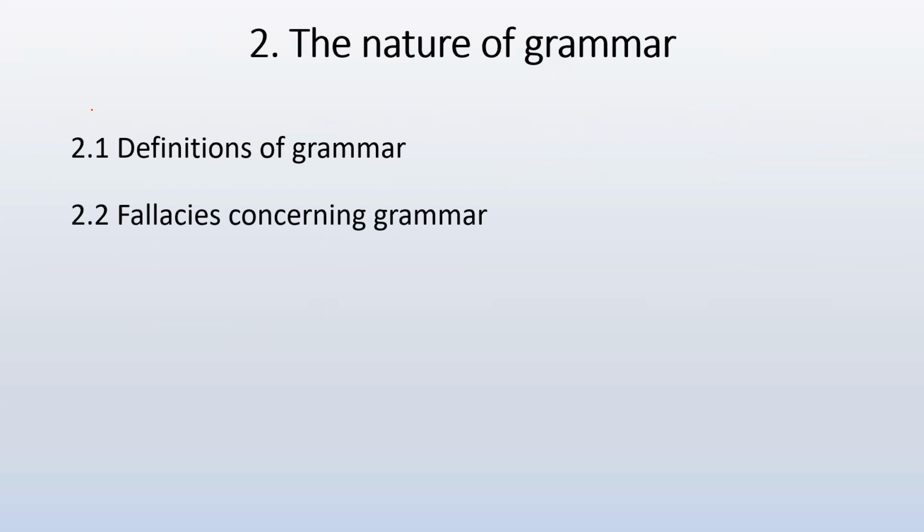The nature of grammar. Actually, so far we have been talking about the nature of language, right? And here there's a part on the nature of grammar, and there, of course, we are talking about the definitions of grammar and the fallacies concerning grammar. It's not a lengthy area, okay? Only two sub-areas are there.